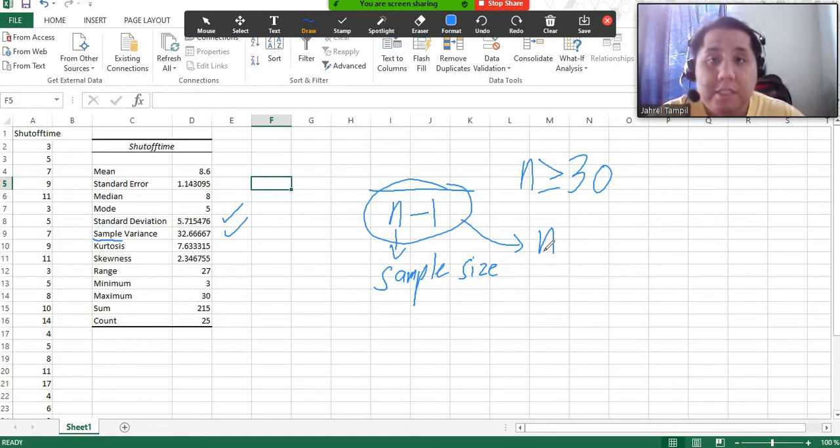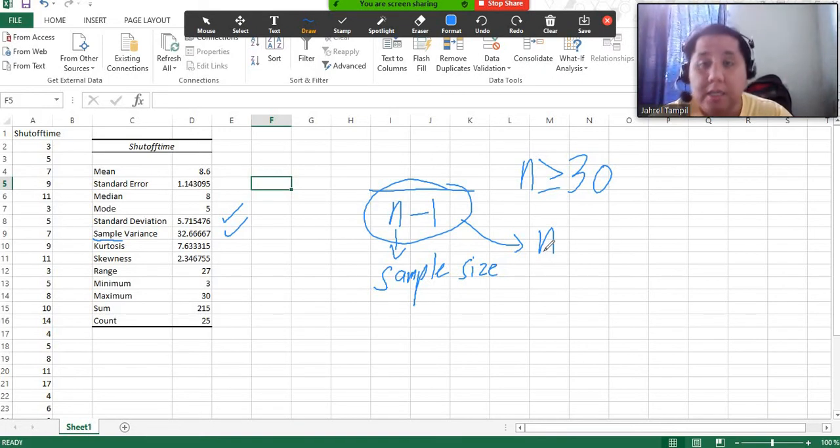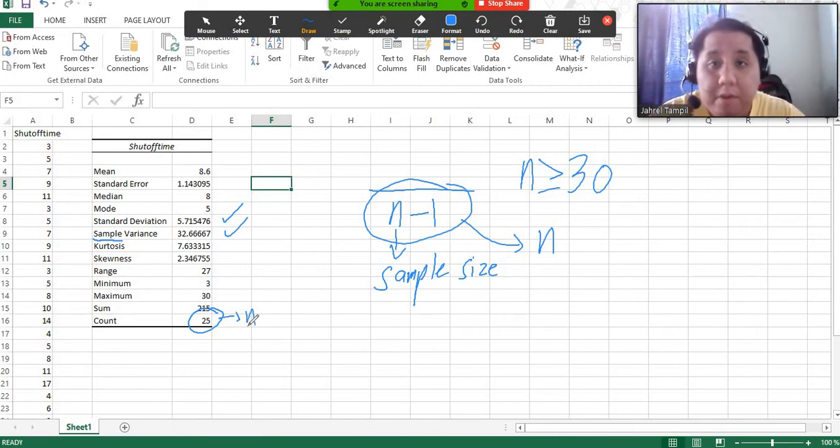In our running example, n is 25, which is smaller than 30, which means that when we compute the sample variance and the population variance, the numbers would be quite different.